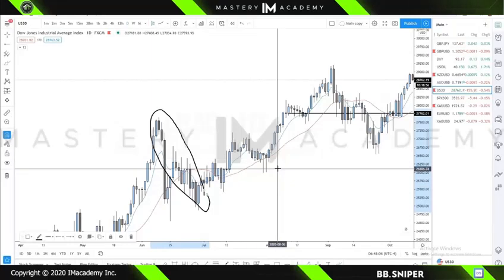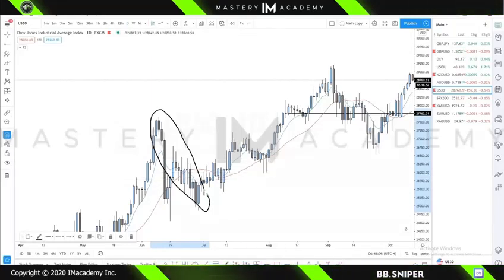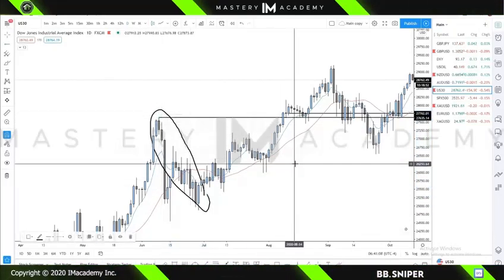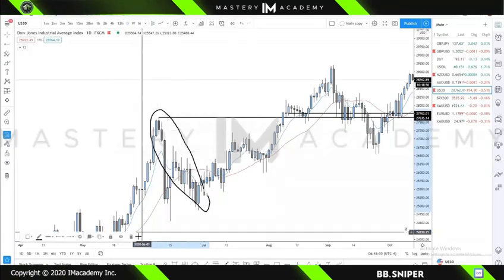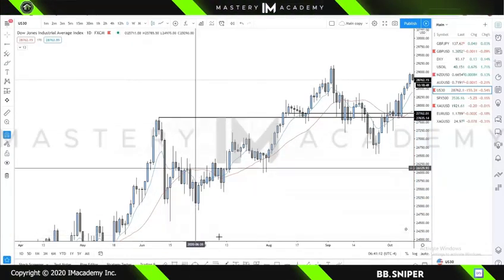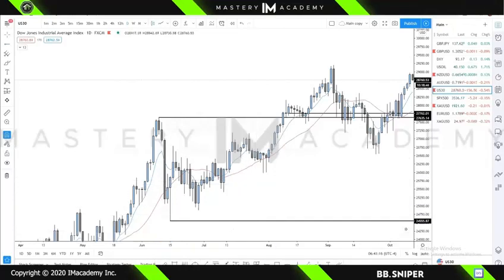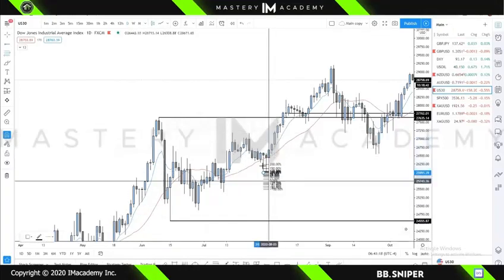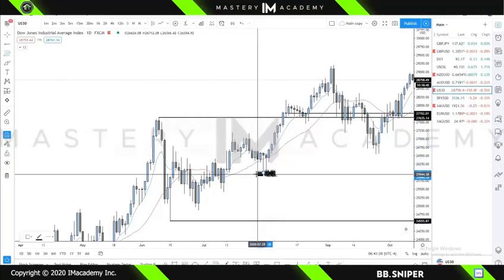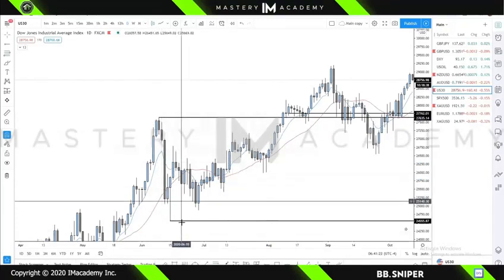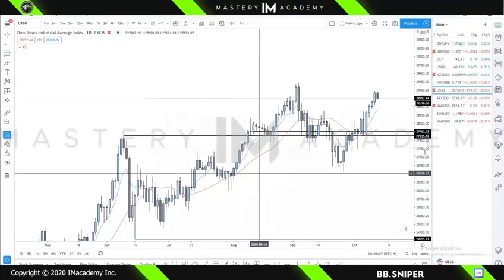This is not a lower time frame higher low. But the full prior range of the daily is from here to here. I would just take my fib from here though, because this is the most recent daily higher low. But this is the full previous range of that daily.